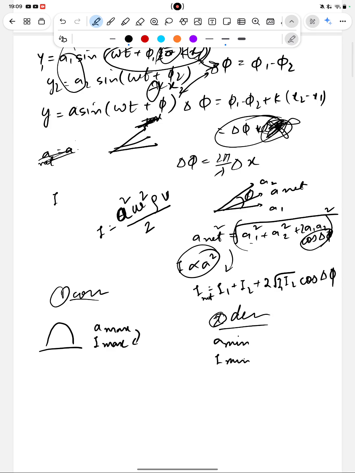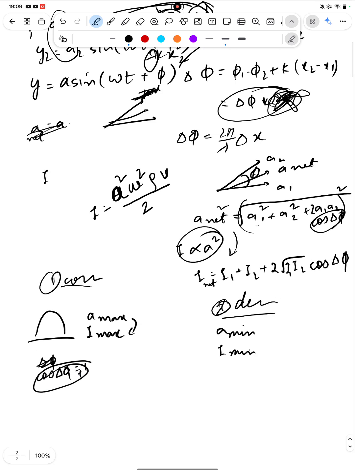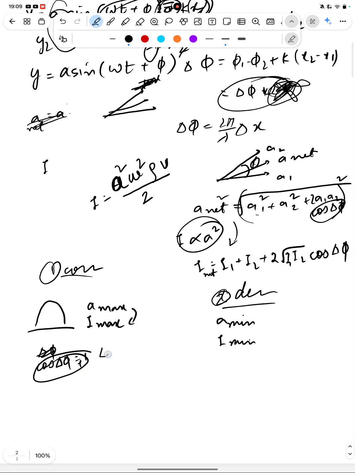Now for A max we need cos phi to be plus 1, so the delta phi can be 0, 2 pi, 4 pi, because this results in cos delta phi being plus 1. And for I max, of course, it is the same.